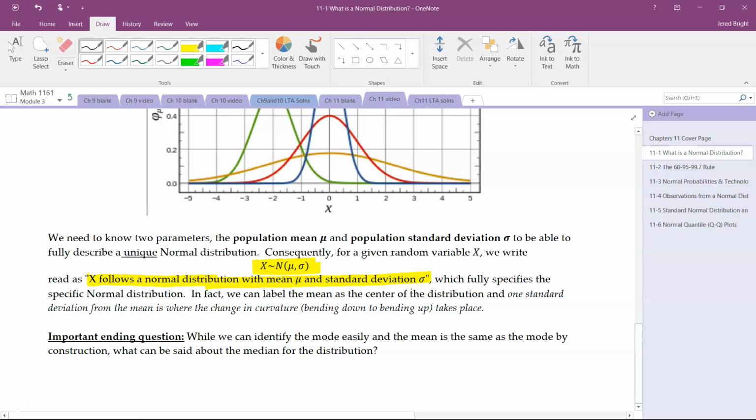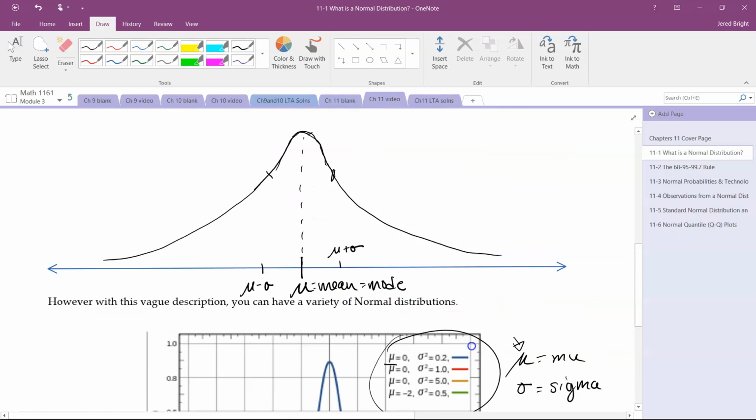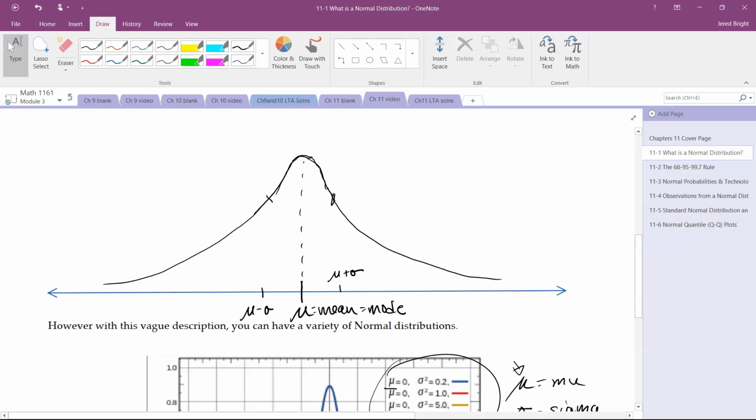But one final thing is that we know how to do the mean and the mode, right? That's smack dab in the middle. But what do we say about the median? Remember, the median is the 50% mark. I'm going to let you think about that for a minute. So where's the 50% mark on this curve?